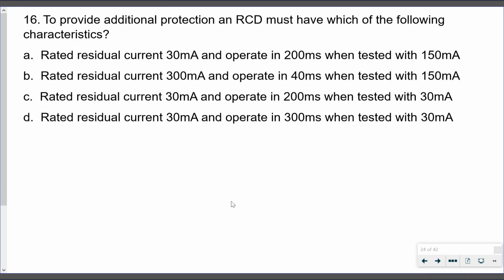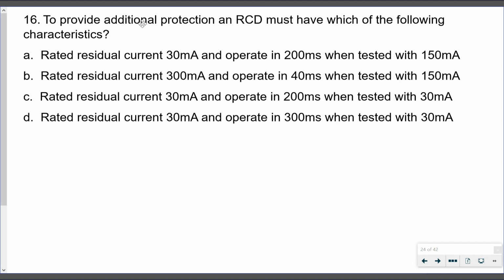Question 16. To provide additional protection, an RCD must have which of the following characteristics? A rated residual current of 30 milliamps operating in 200 milliseconds when tested at 150 milliamps; a rated residual current of 300 milliamps to operate in 40 milliseconds when tested at 150 milliamps; a rated residual current of 30 milliamps operating in 200 milliseconds when tested at 30 milliamps; or same again, but this time disconnecting in 300 milliseconds.